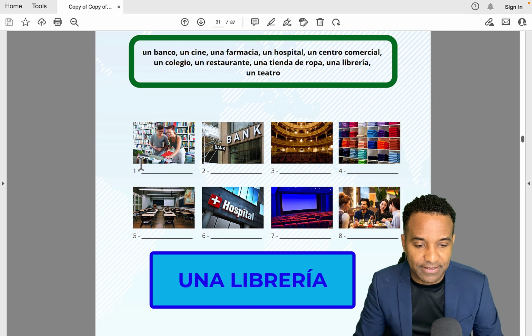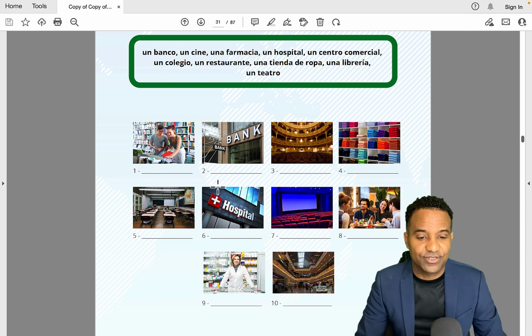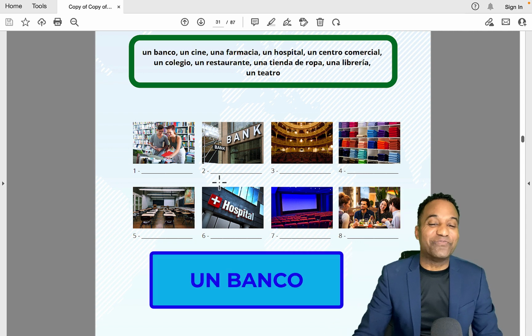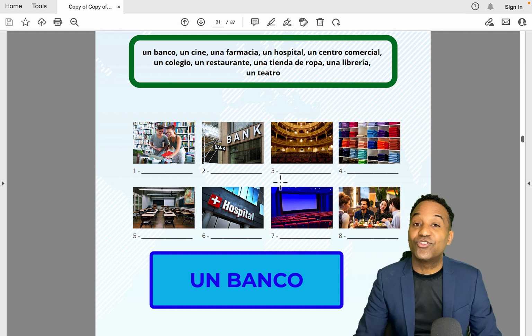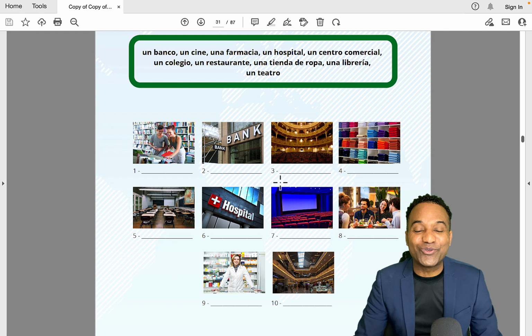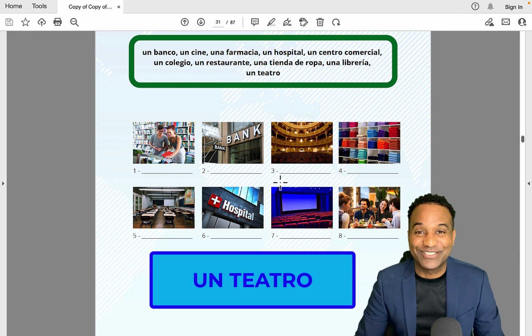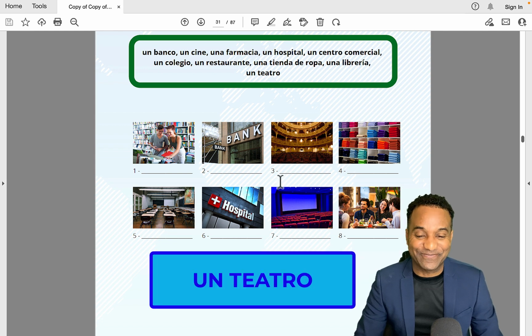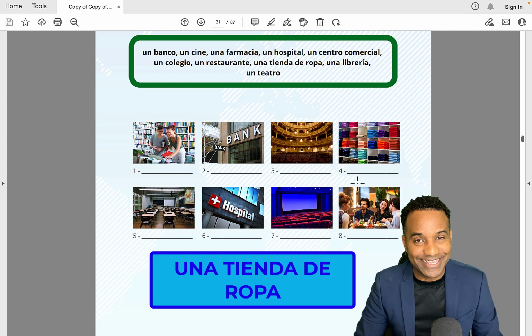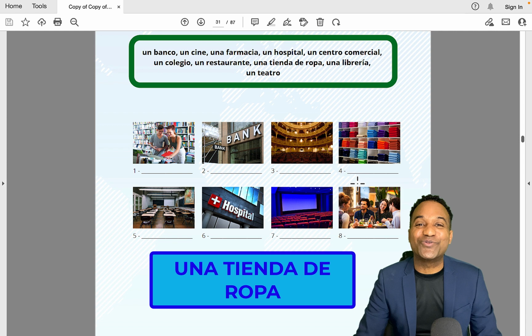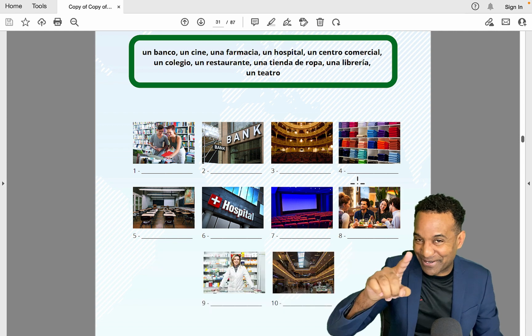Una librería. Número 2. Un banco. Muy bien. Un banco. Número 3. Un teatro. Número 4. Una tienda de ropa. Perfecto.